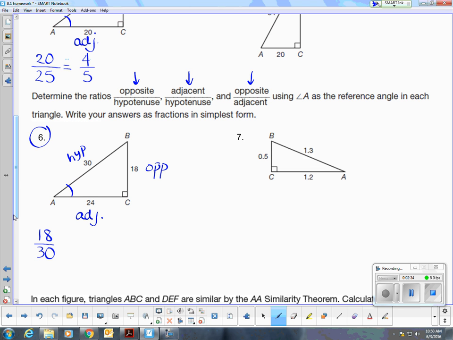And let's see, thinking of something that goes into both 18 and 30 evenly, I'm going to go with 6. All right. The adjacent to the hypotenuse is 24 to 30. And the opposite to the adjacent.